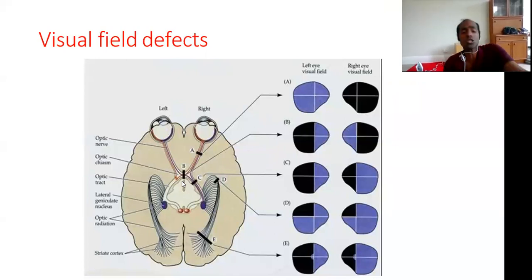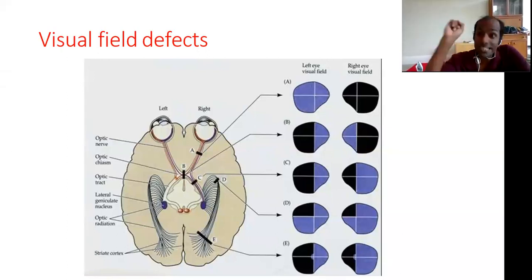There are some exceptions, but most often this is due to a pituitary tumor pressing on the optic chiasma. The pituitary gland is in very close relationship with this area. So remember that: bitemporal hemianopia, optic chiasma lesion. That's the first thing you need to know as a medical student.